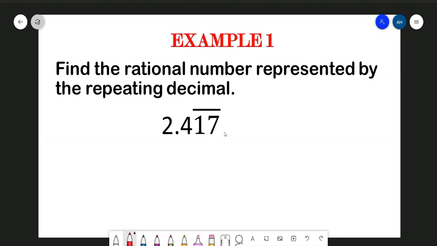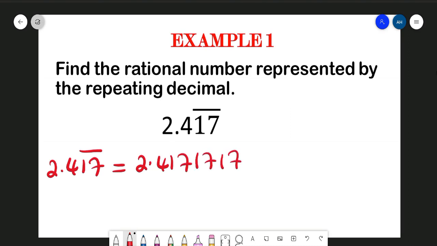The same thing goes if we have a rational number in the form of a fraction, we can convert it into a decimal. So now, let us write this number down again. We have 2.4 with a bar over 17. What that bar actually means is this: 2.4, and that 17 is repeated infinitely many times, without ending, like 2.4171717, like that.